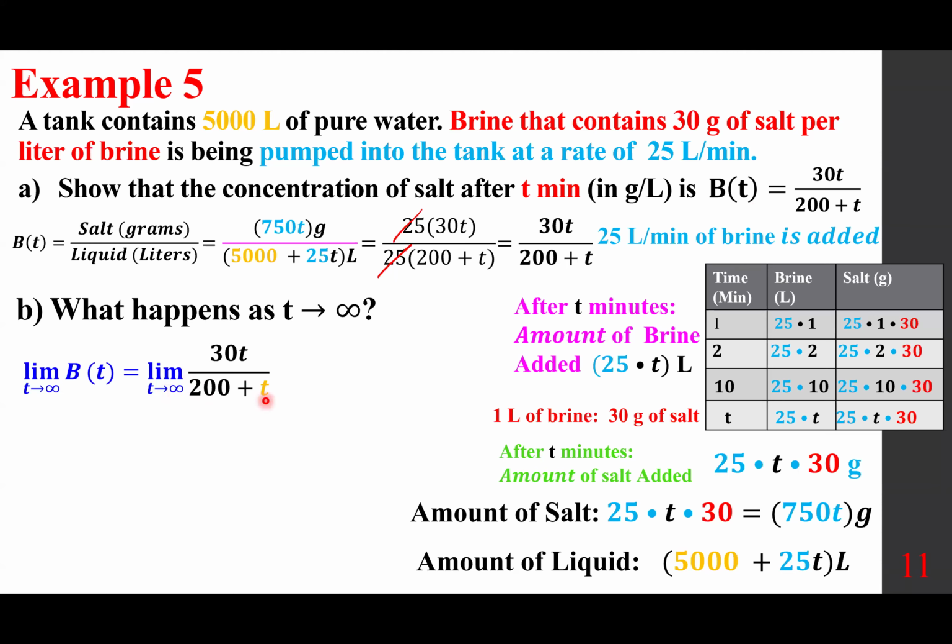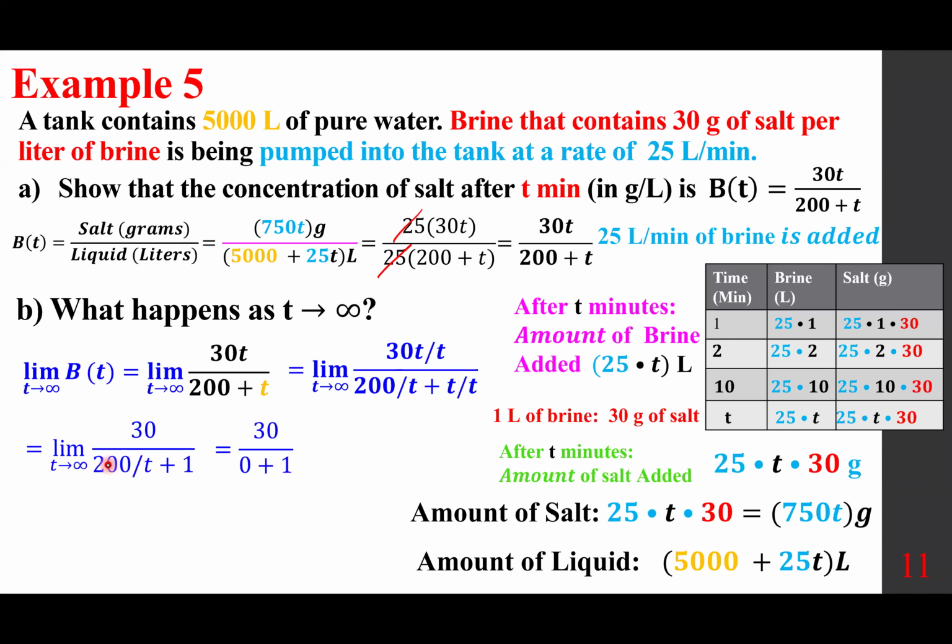The technique is to divide by the highest degree term in the denominator, namely t, and simplify. Everything is being divided by t. This is 30, this is 200 over t, this is 1. Because t is approaching infinity, this goes to 0. And the answer is 30 grams per liter.